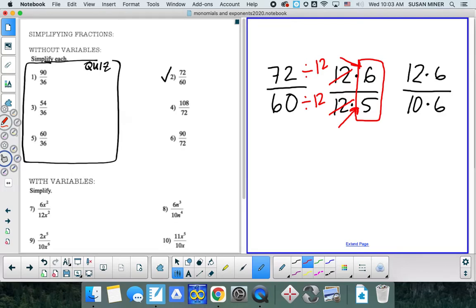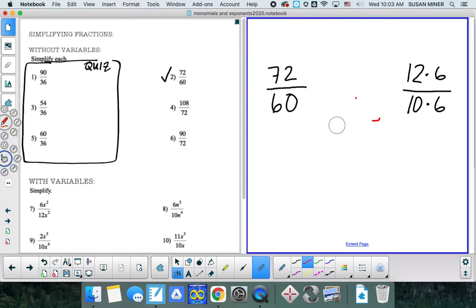Now, I don't necessarily have to find the largest common multiple, right? I don't have to find that. Let's take into account this other situation that I was talking about. What if I just figured out, oh, well, they both have a 6 in common? Well, then I would end up with the fraction 12/10. And maybe I notice, hey, both of these are even numbers, so they can both be reduced by 2, right?